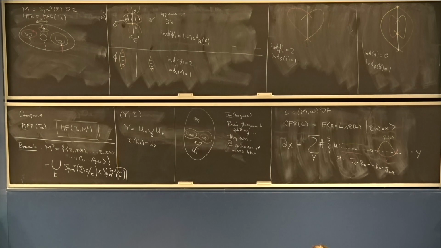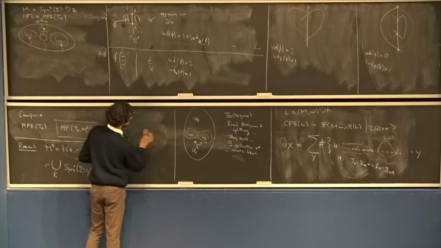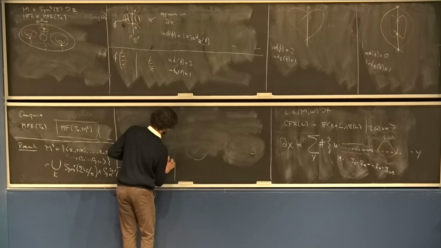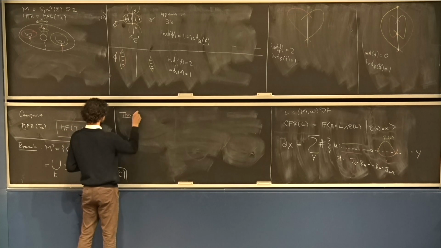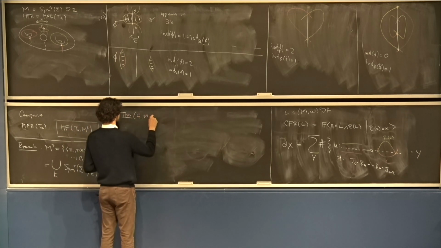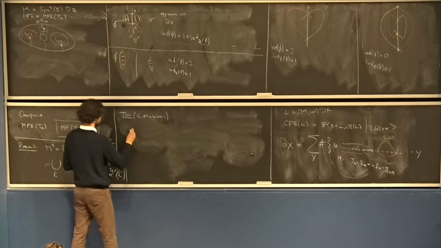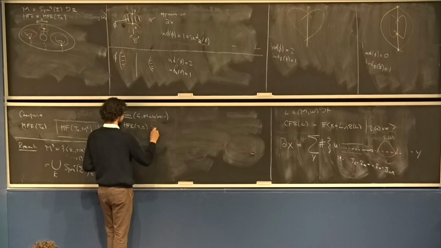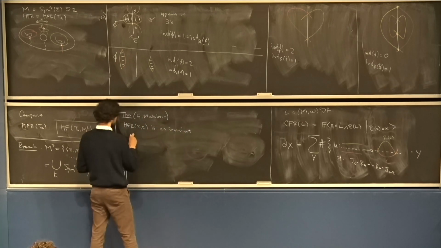But let me say something else here. So this is really an invariant. HFR of Y, tau is an invariant up to isomorphism.